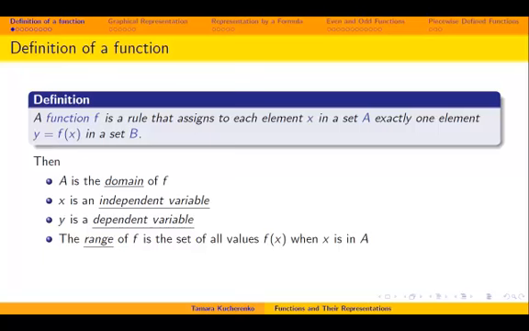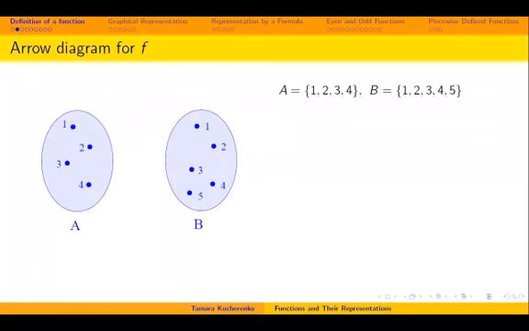In this course, however, we will typically consider functions for which the domain A is a subset of real numbers and B is all real numbers. A popular way to picture a function is by an arrow diagram.